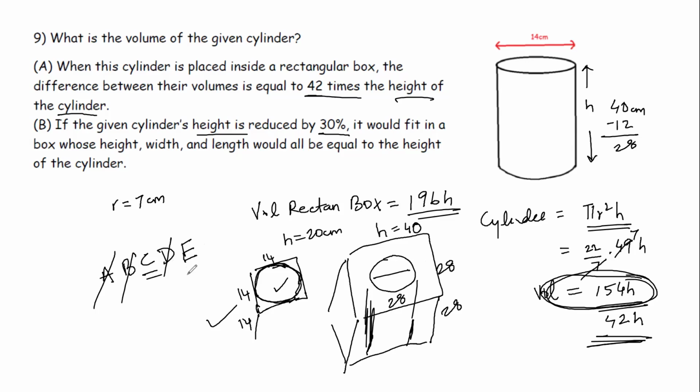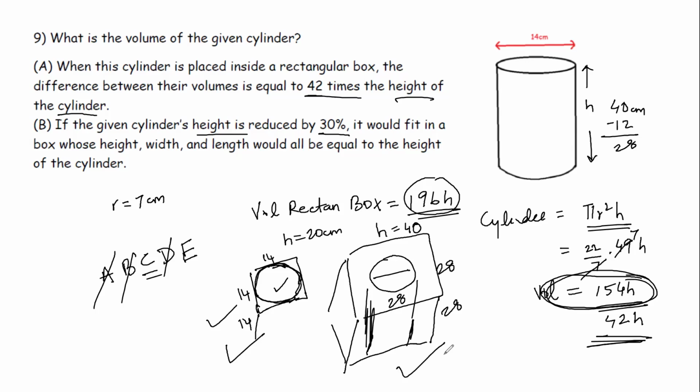Now taking both statements together. When we take both statements together, it tells us that the rectangular box has a volume of 196h. And the second statement tells us it could be any of these two, right? The second statement is talking about a cubical box. It would fit in a box whose height, width, and length would all be equal to the height of the cylinder.